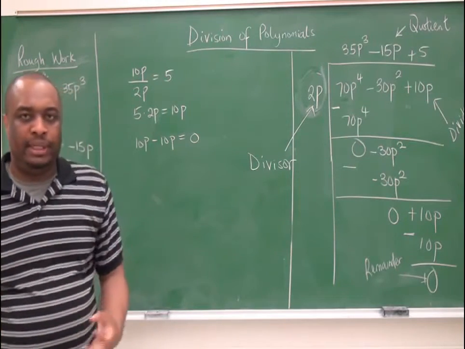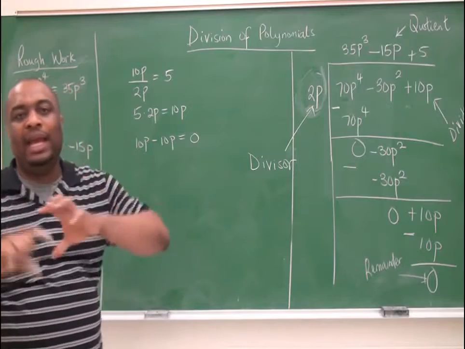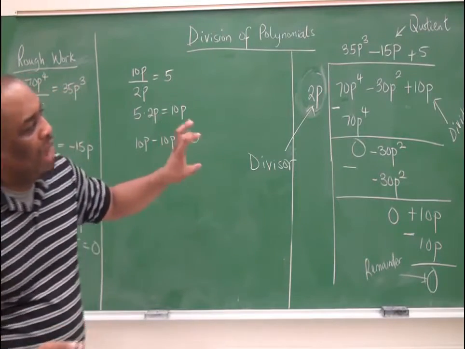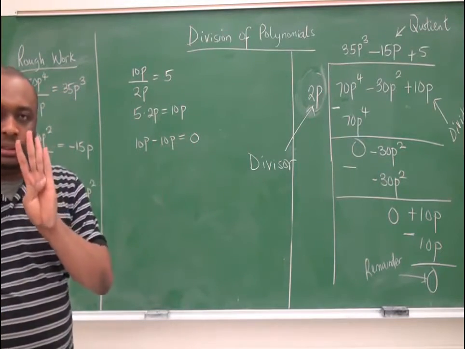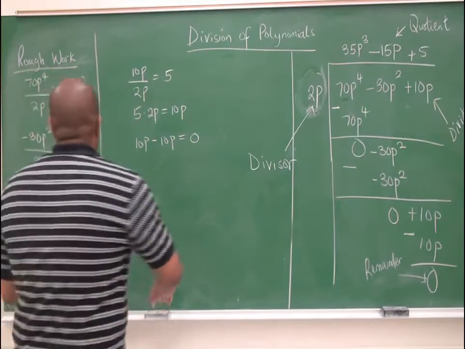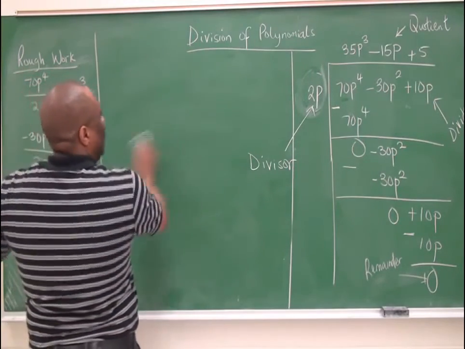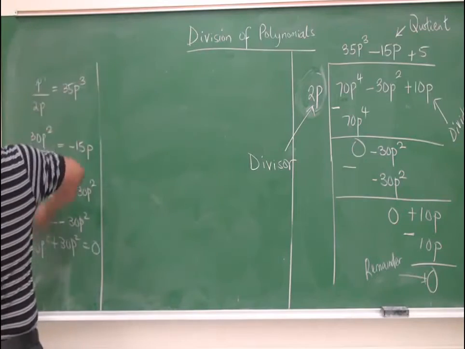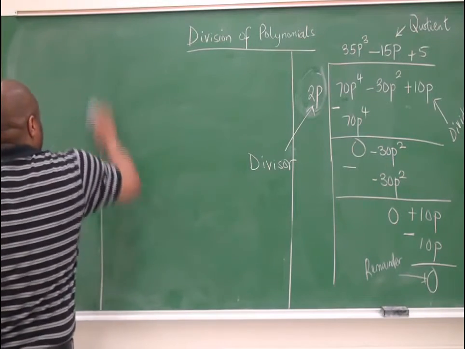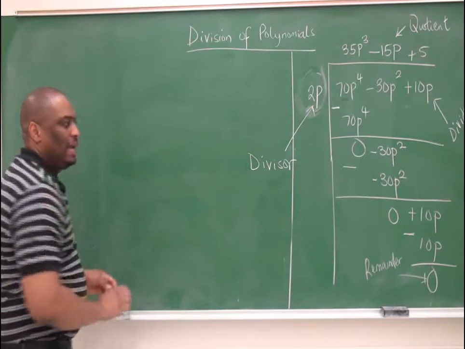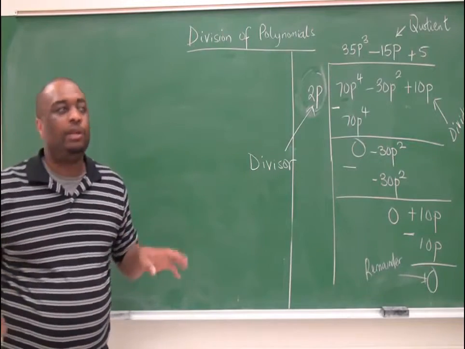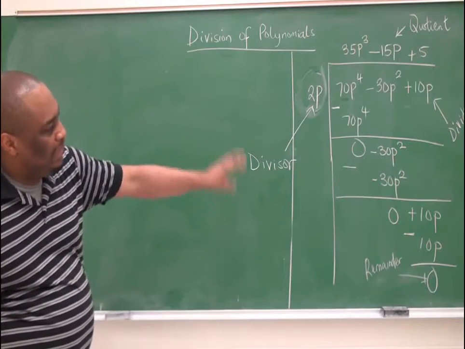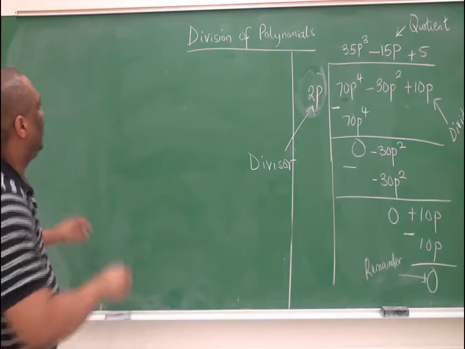In any division process, I repeat, in any division process, you are concerned with these 4 terms. Any division process at all. Whether you're dividing numbers or you're dividing variables, anything at all that is called a division process, you're concerned with these 4 terms.